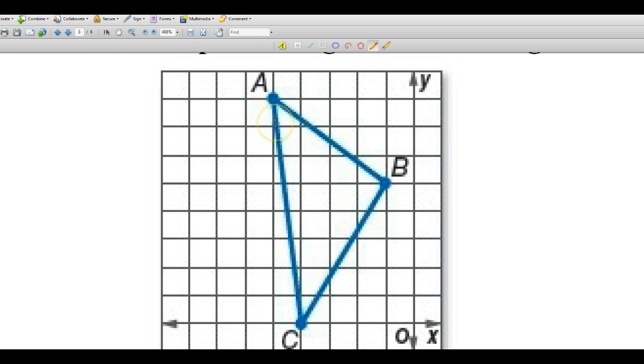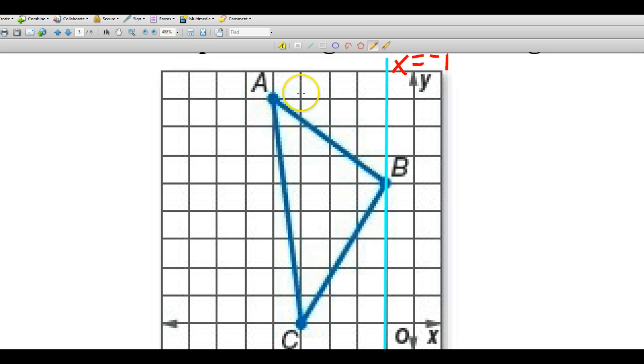For 18 through 23, graph each figure and its image in the given line. So for number 19, it says triangle ABC through the given line x equals -1. So x equals -1. If our y-axis is here, we go to the left of the y-axis 1 unit. So that would be my line, x equals -1. And to reflect through this line, my reflection will be equidistant from that line.